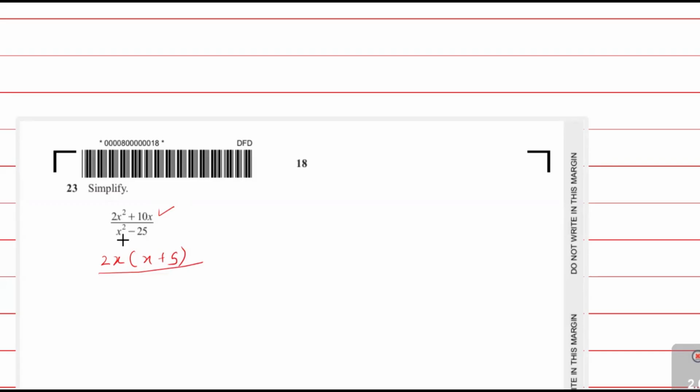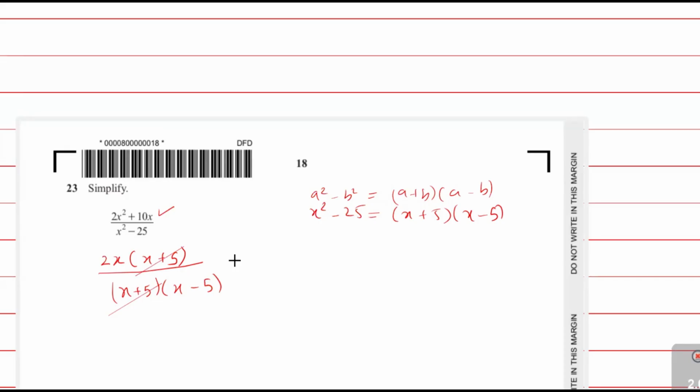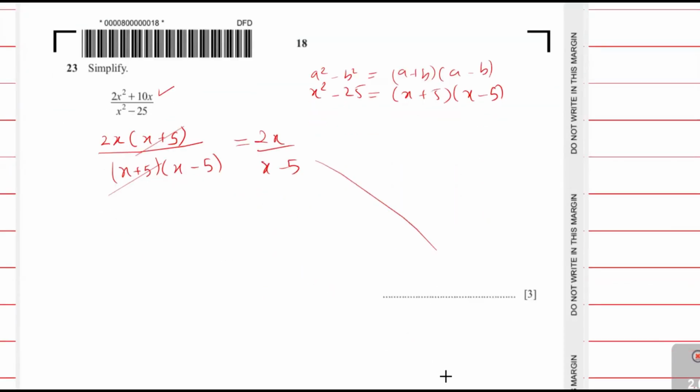And we can factorize x square minus 25, and this is equal to x plus 5 into x minus 5, according to the identity a square minus b square equals a plus b into a minus b. We write in place of x square minus 25, x plus 5 into x minus 5. X plus 5 would be cancelled. We can write 2x over x minus 5. This is the answer.